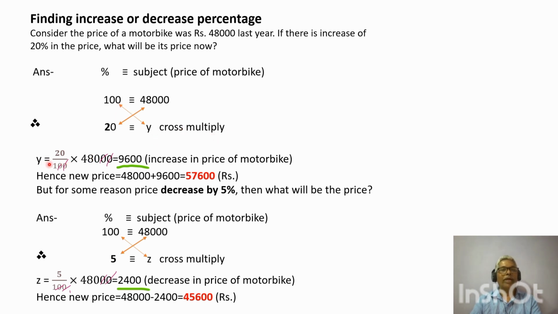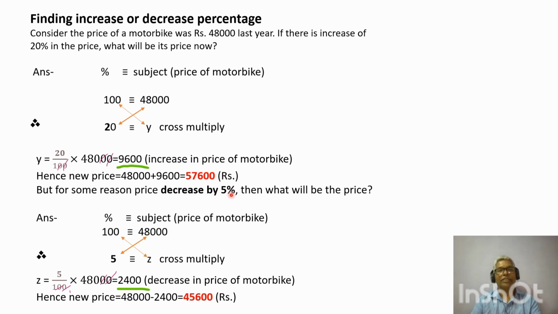So y equals 20 upon 100 into 48,000. We cancel these two zeros and we get 9600, the increase in price in rupees. Hence the new price will be 48,000 plus 9600, that will be 57,600 in rupees.